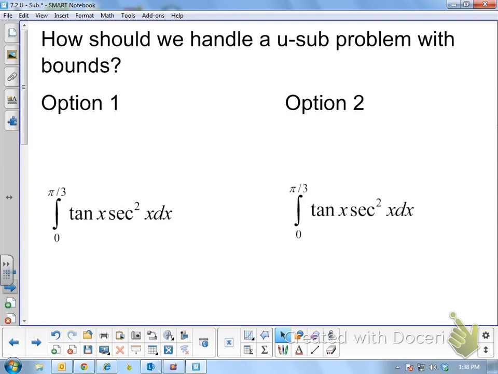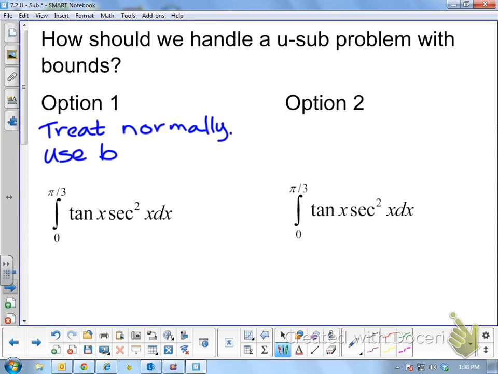The first option is a little bit easier in my opinion, and that's to do the problem normally and then not worry about the bounds until the very end. So option one, treat normally. Use bounds at the very end of the process.